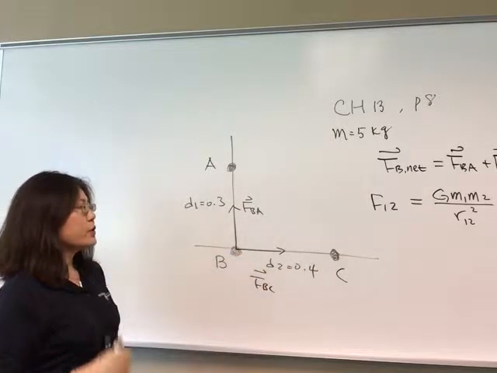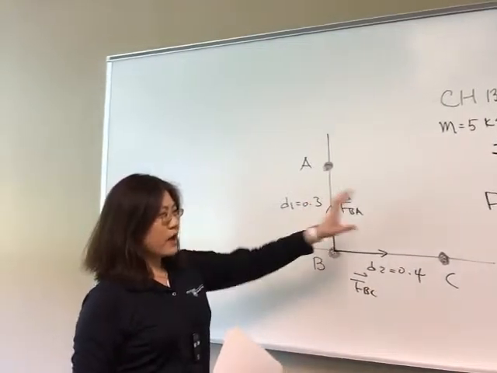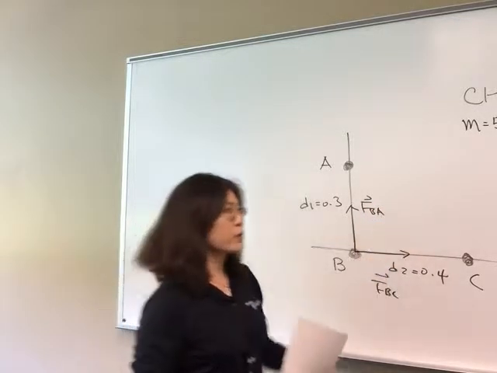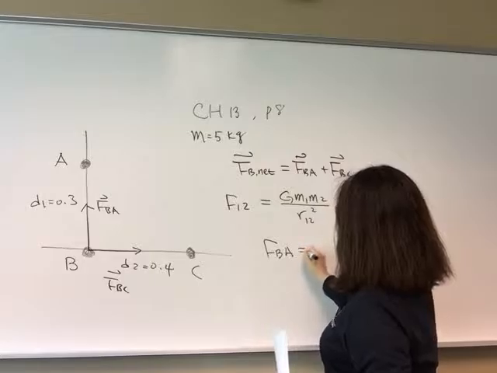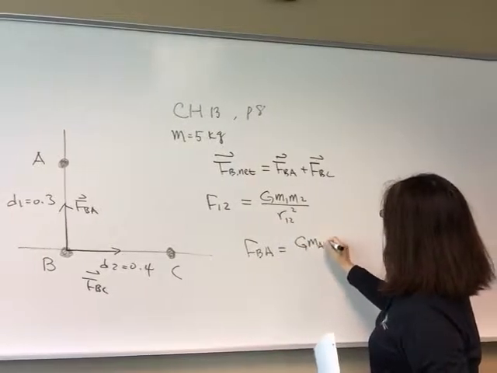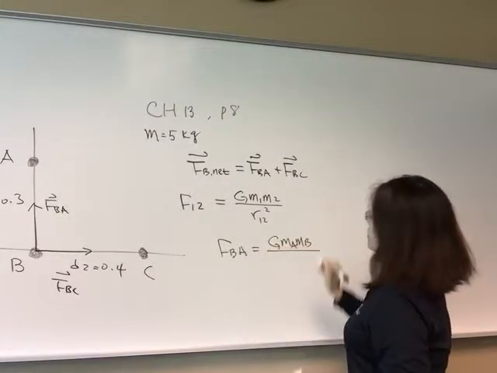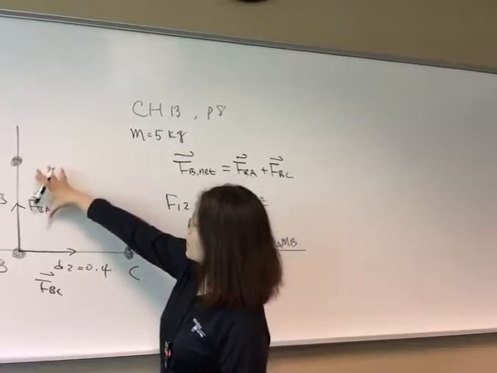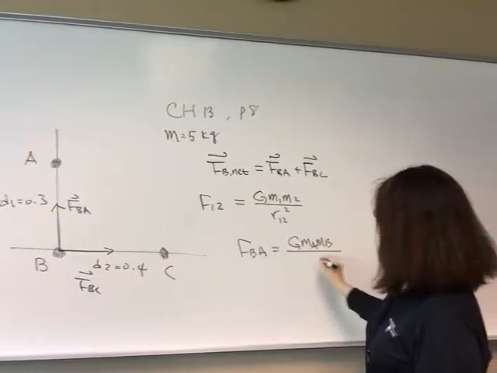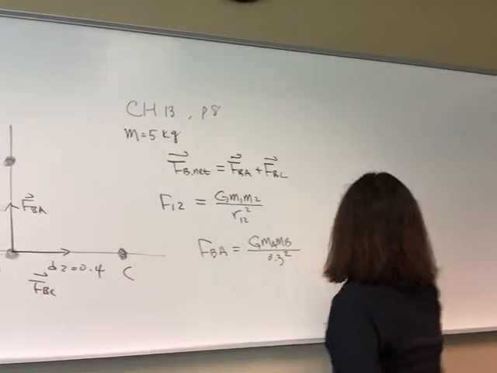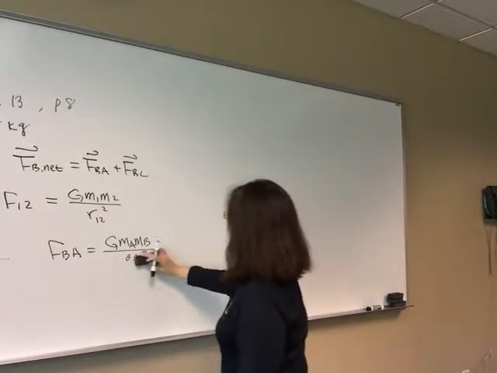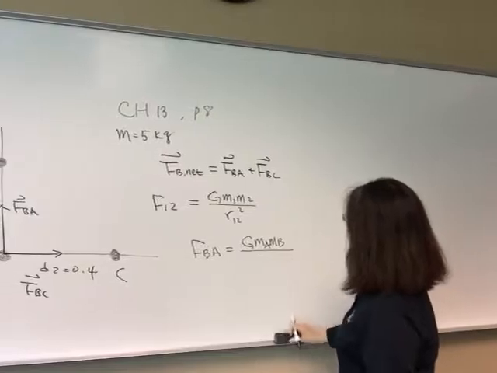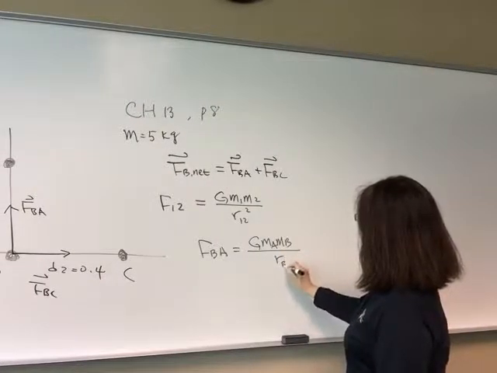So now plug in the numbers into that equation to calculate the magnitude. Let's do that. Your FBA is G MA MB over the separation between them squared. The separation between them is 0.3, so you have 0.3 squared.